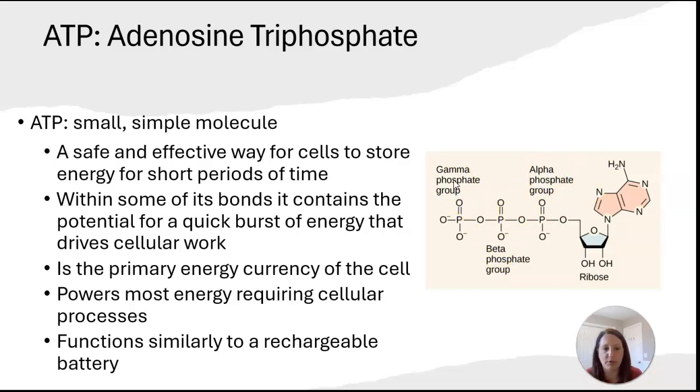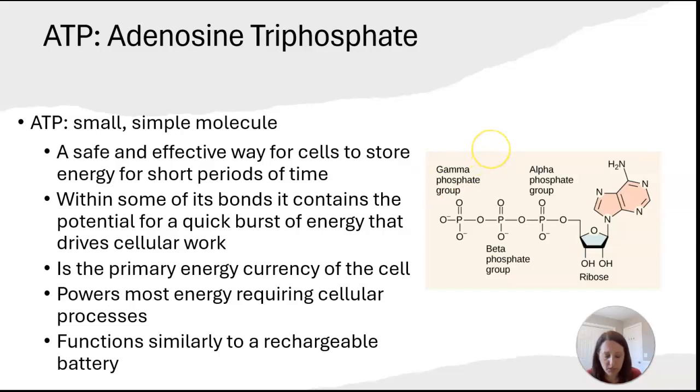Depends on what book you're reading. Okay? The bonds between the phosphate groups have energy. And that's stored potential energy, short-term storage. Your cells aren't going to store energy for long periods in this form, just for short periods. We say that ATP functions kind of like a rechargeable battery, and on the next slide I'll actually show you this.